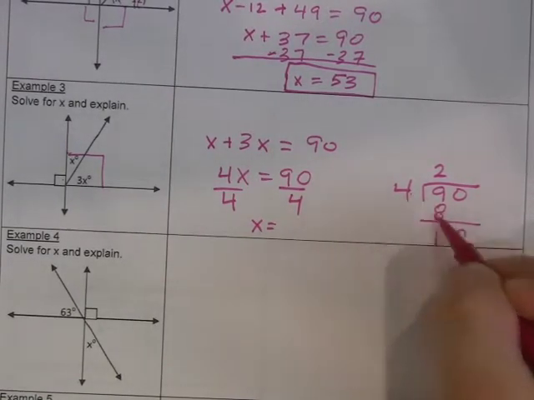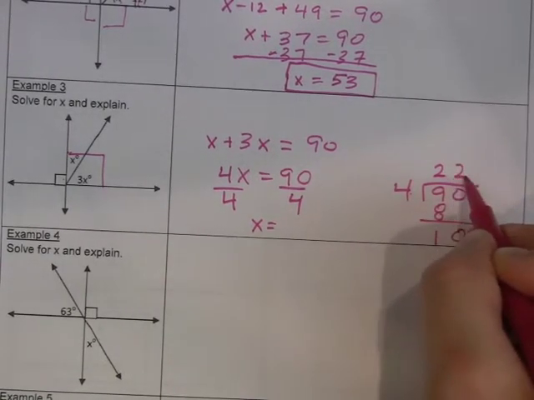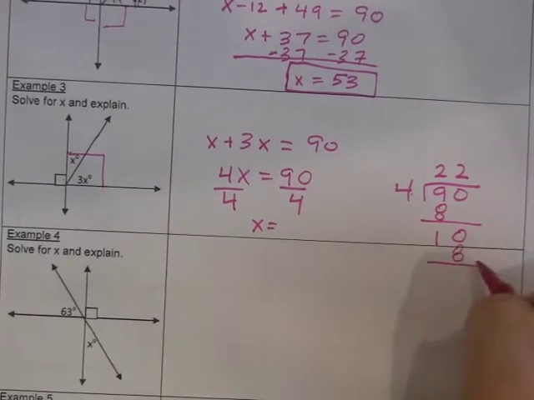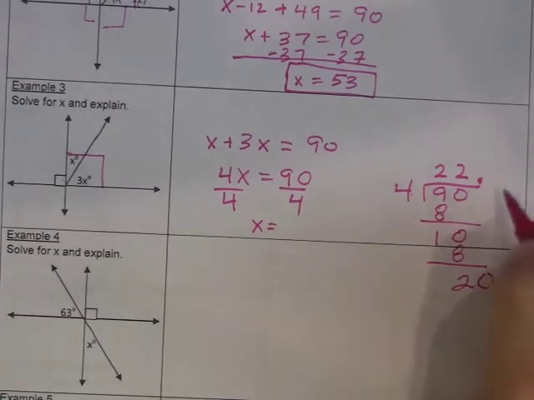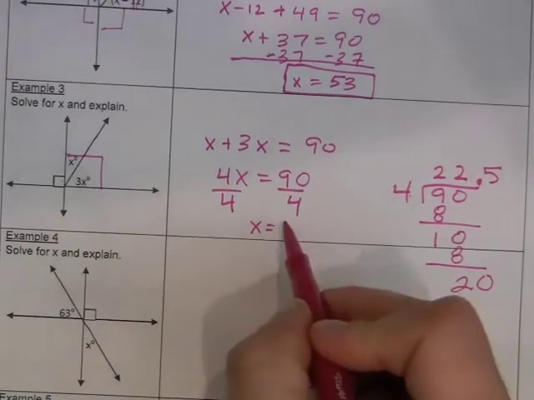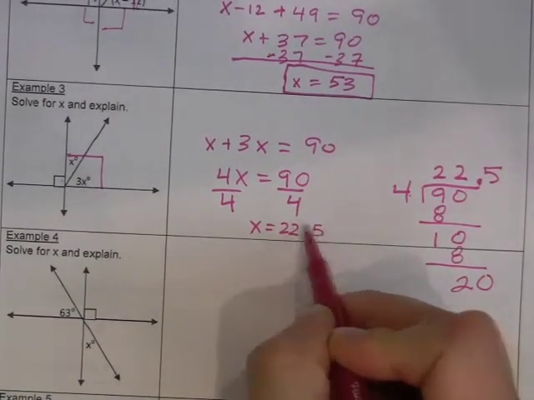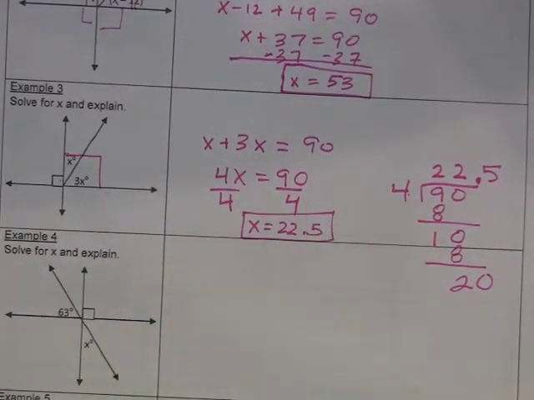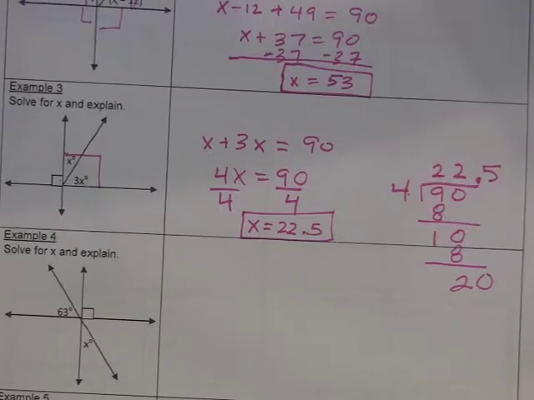Bring down the 0. 4 into 10 twice, which is 8. 2 remains. Put the decimal place. Bring down the 0. 4 into 20 5 times. So the answer would be 22.5. So that's how you get your solution there for x.